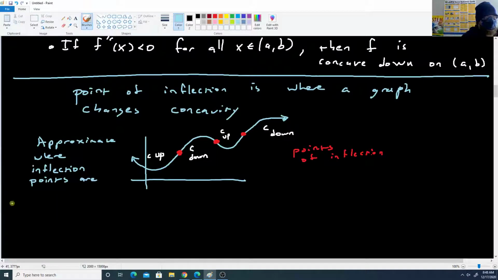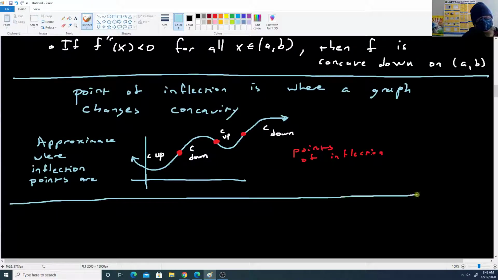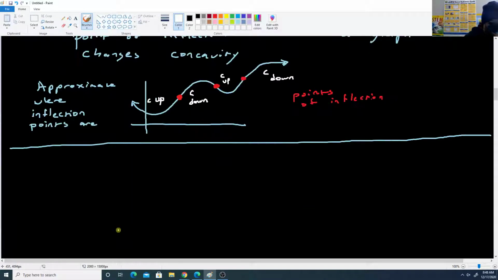So the points of inflection, if you have the picture of the base graph, you can look at it and tell ballpark where they're going to be, but we really want a way of not just eyeballing it and saying, okay, it's about there. We want a way to figure out what numbers it exactly falls on. And so we're going to get a theorem that will tell us how to do that.